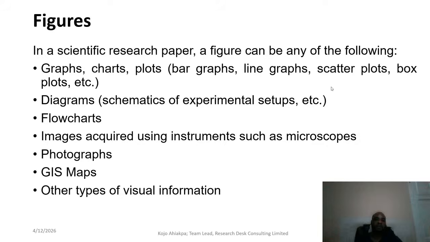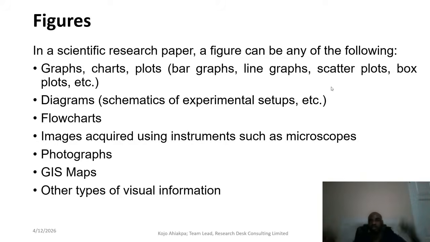Those of us who also work in the field and the lab also take images, especially if you work with images and microscopes. You take photographs, and these photographs are actually information. They are images with dense information, so you need to analyze them at the cellular level to understand. You can also take photographs from the field, and GIS maps, especially for those who work in the field.